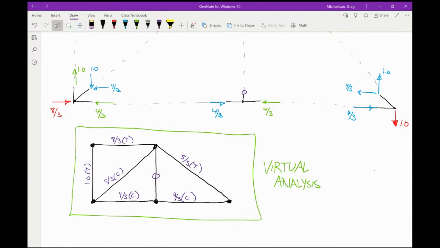Which, by the way, this 7.6, I should have mentioned at the very beginning, this was in a different version of the book, so you might actually not have this truss, but that doesn't really matter.